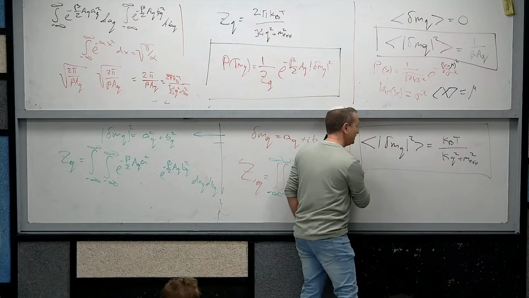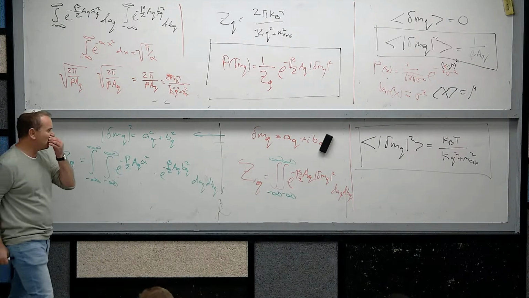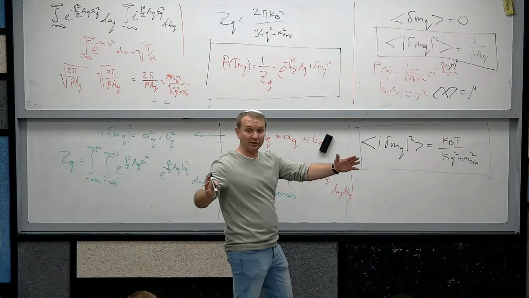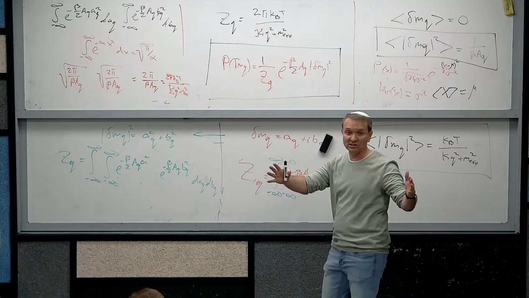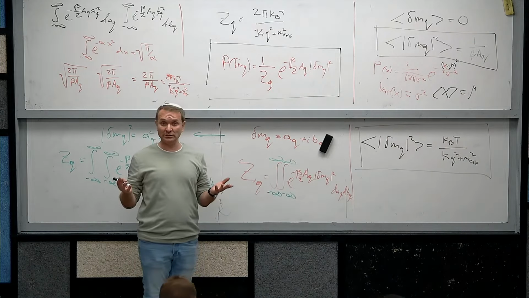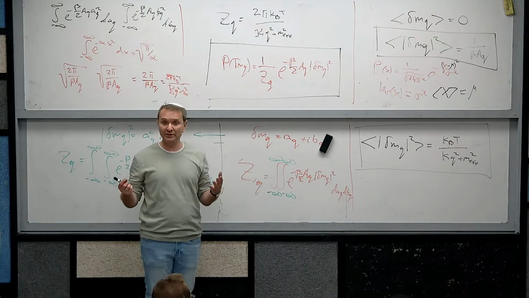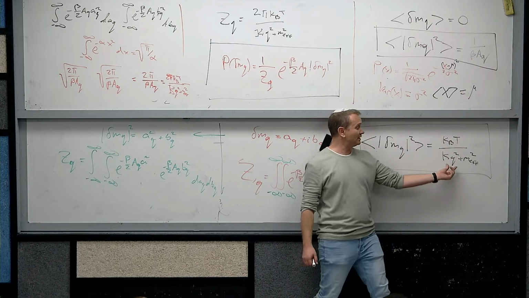Great. Now, from here, you can understand, all right, if this is the amplitude, think about it. I have a bunch of harmonic oscillators that describe the fluctuations inside the system. Each harmonic oscillator has an amplitude. This amplitude depends on the temperature, but it also depends on the q value.